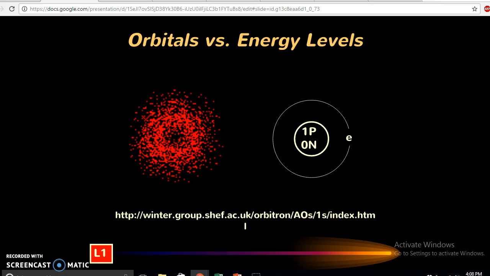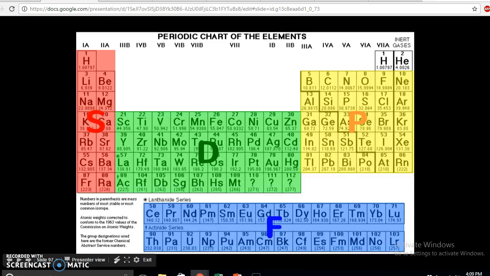So, we've designed these things to help try and understand these complex probability densities, and they're called orbitals. There are 4 different orbitals that we use to help model this complex cloud phenomena. We have s orbitals, p orbitals, d orbitals, and f orbitals.